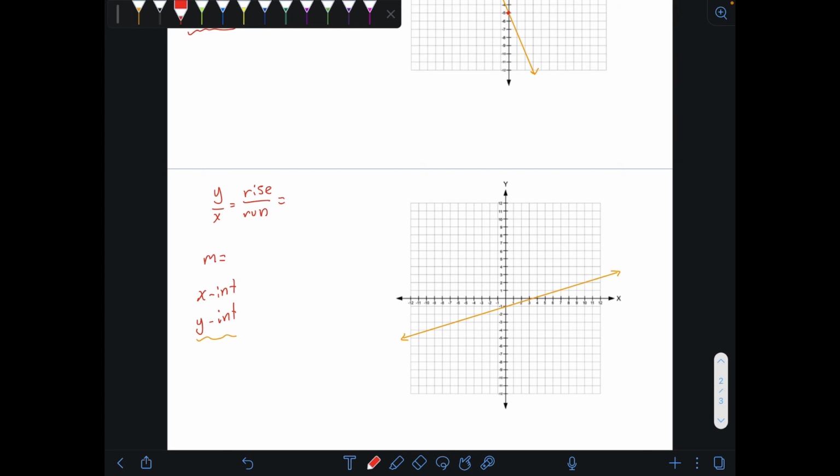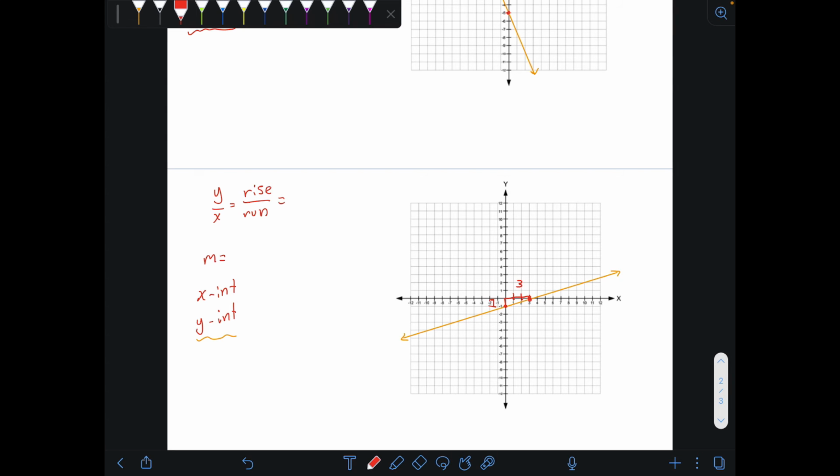So rise over run. Let's use our 2 points. It's really nice and easy if you use your intercepts as your 2 points. Oh, there we go. So 1 and 3. So then let's just find our rise of 1. So that's our rise of 1 and our run of 3. That's our run.